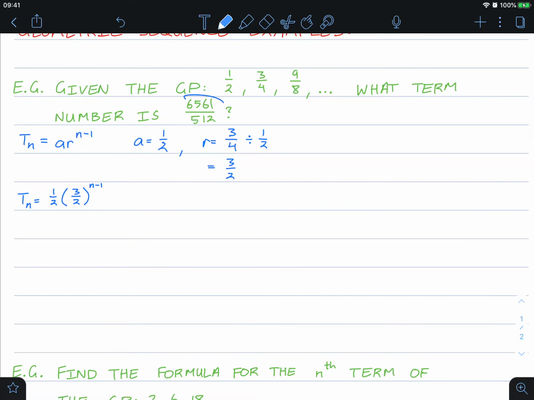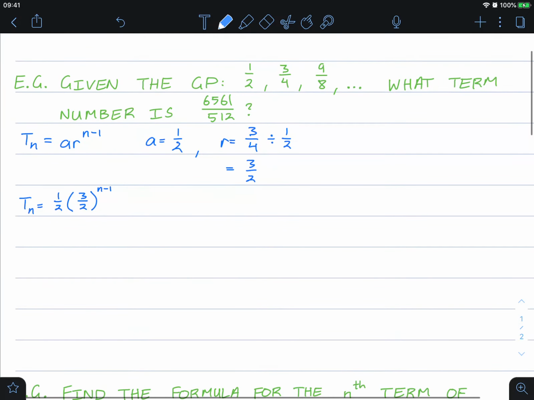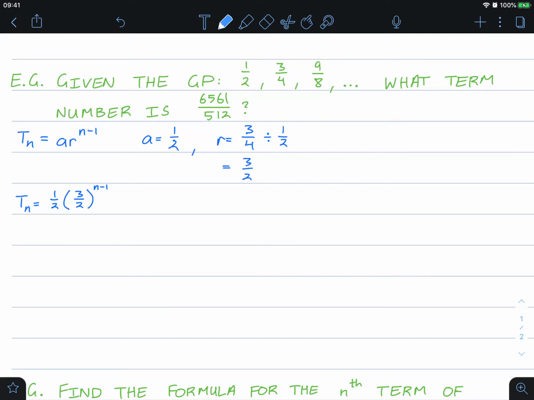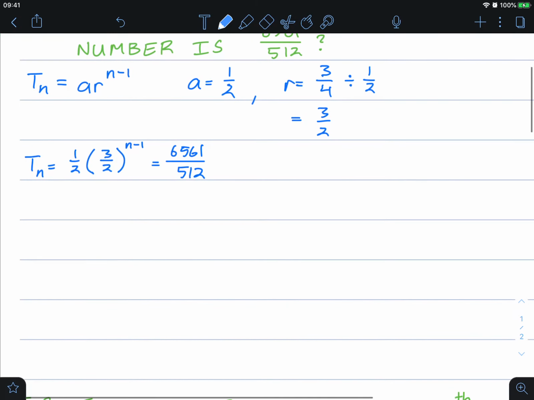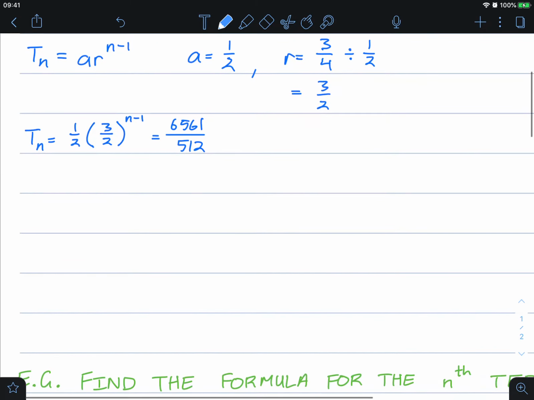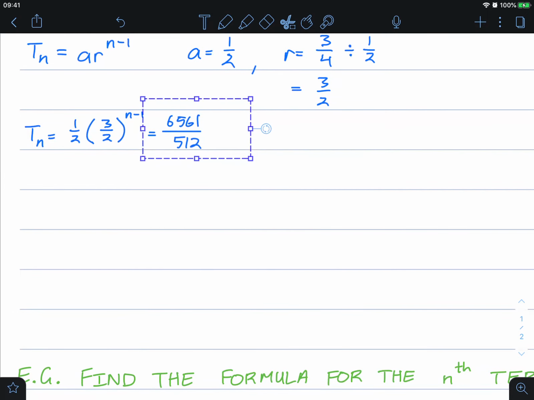Well, we're being told that this is part of the geometric progression, so we can let this equal what we are looking for. So 6561 over 512. Here's where it gets rather tricky, because you can do this in one of two ways. I'm going to go what I believe to be the most straightforward.